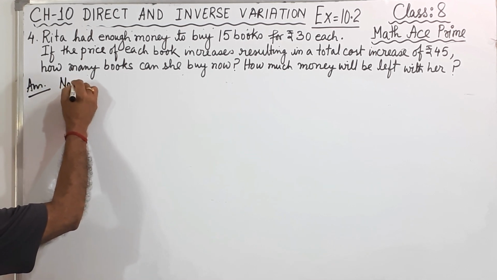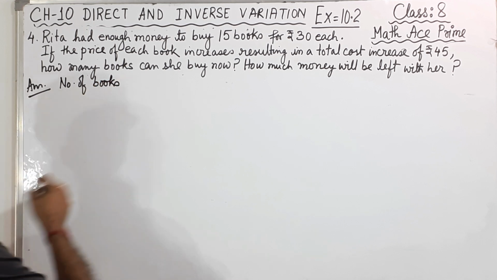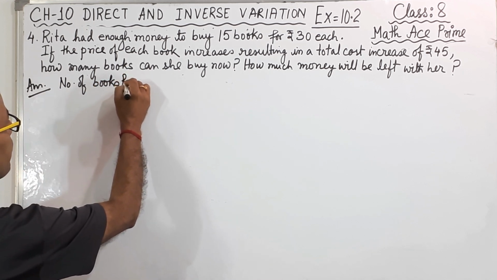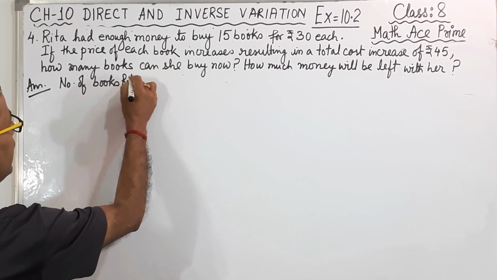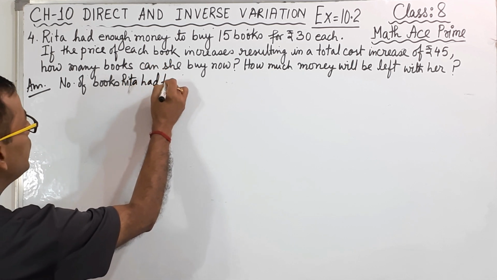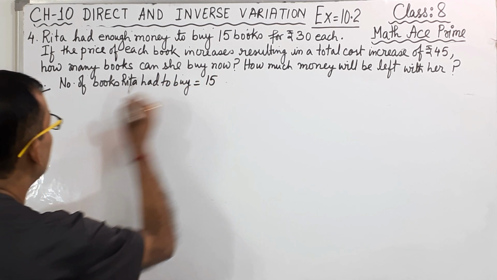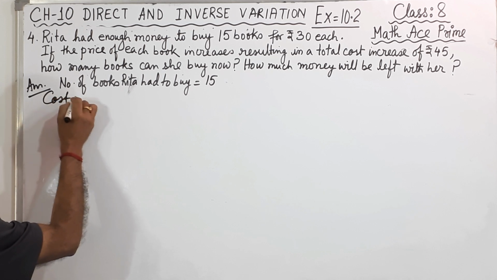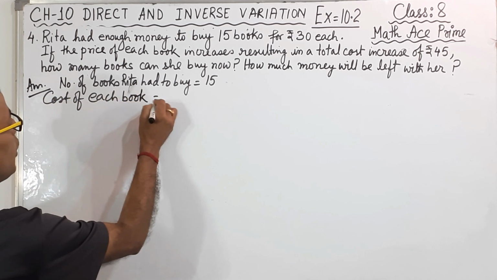So number of books, first I will write number of books. Number of books Rita had to buy. So how many? Now 15. And then what is told? Cost of each book. Now each book means what?